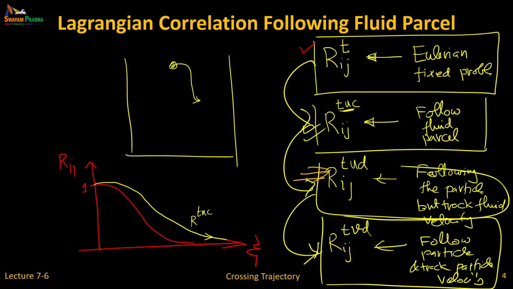It cuts across eddies, so it bulldozes past the eddy. I'm just being very qualitative here. I'm not giving any numbers. So going from tracking the fluid to tracking the particle, I have what is called the crossing trajectory effect. So I'm going to cut across eddies.